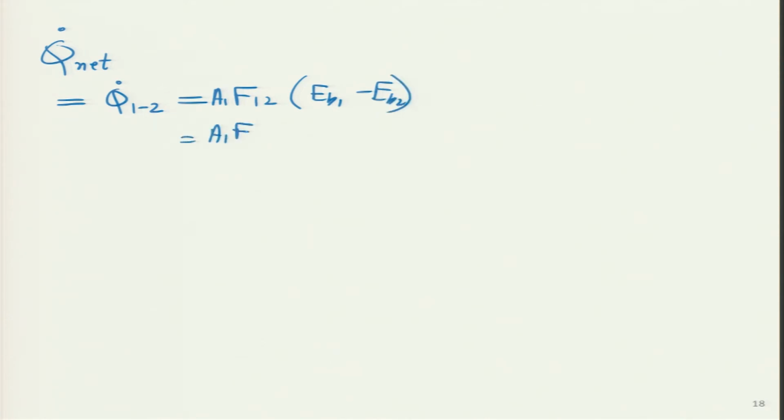So, the q dot 1 2, which I will write as q dot net between surface 1 and surface 2, simply turned out to be A1 F12 into EB1 minus EB2, which is equal to, in temperature terms, sigma A1 F12 times T1 to the power 4 minus T2 to the power 4. This is q dot 1 to 2.